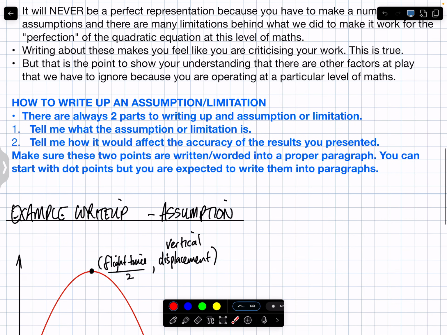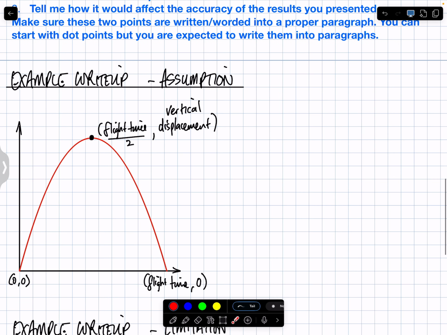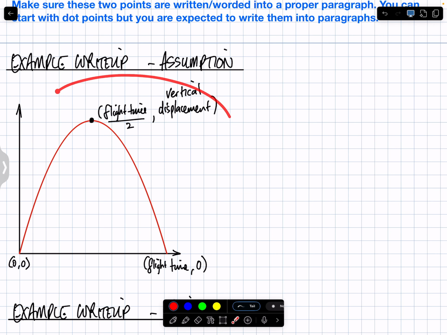So let's do an example. This is a gimme, okay? This is the result that we presented. What does that say about where we threw it and where we caught it? Are they exactly level? Yes? Is there anyone here that's perfectly the same height? Is there anyone here that caught it at exactly the same level? See? We made an assumption that it was caught at the same level.